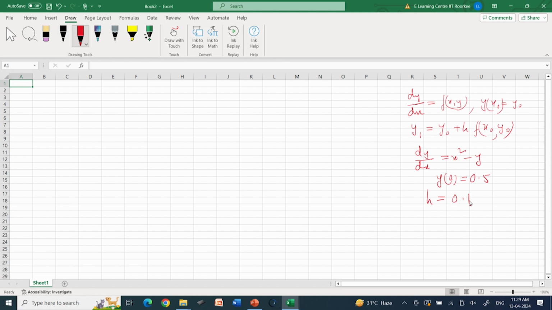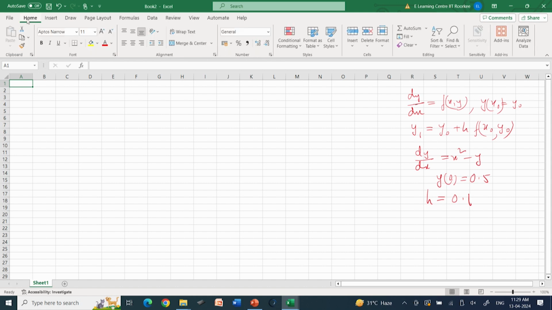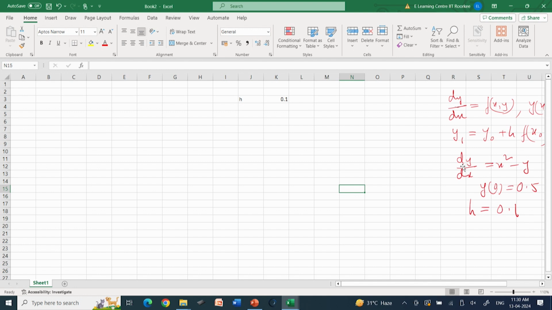Now, let us solve this with the help of Microsoft Excel. So, just like before, you open a Microsoft Excel sheet and we will be using this formula. So, here I put the value of h, which is equal to 0.1. So, the equation which we will be solving is dy/dx = x^2 - y.